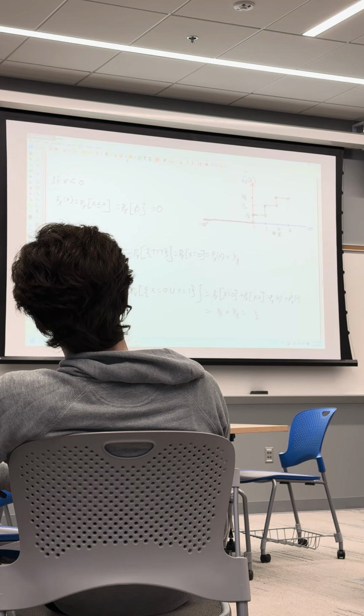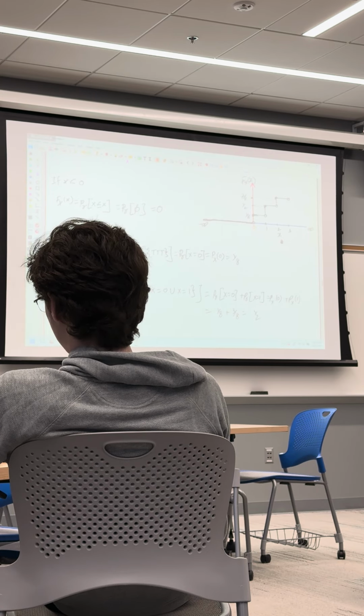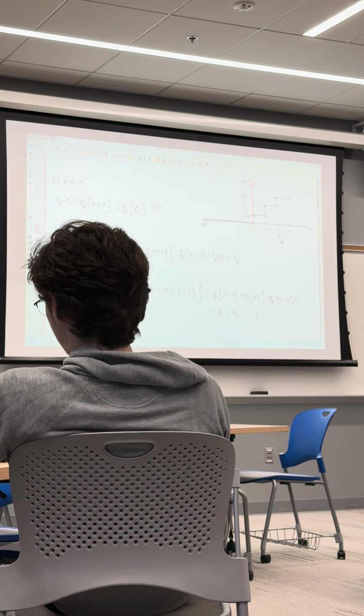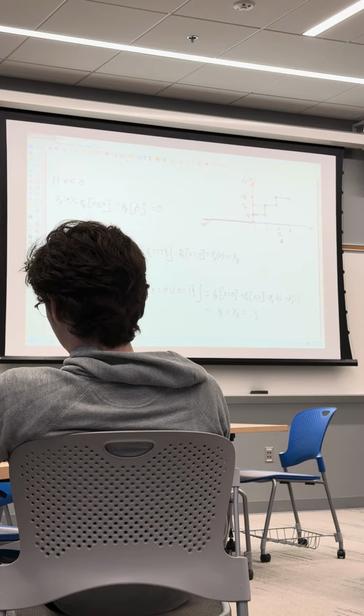I covered negative infinity all the way to 3. Now I just want to cover the rest, from 3 to positive infinity. I have to cover this random variable straight from negative infinity all the way to positive infinity. And that's the definition of the CDF.